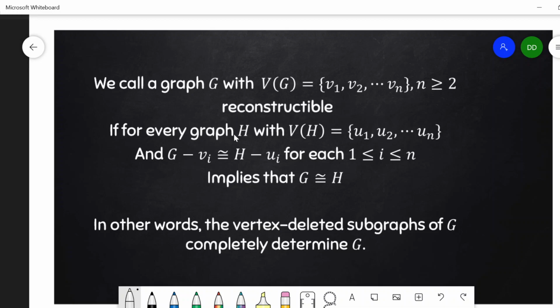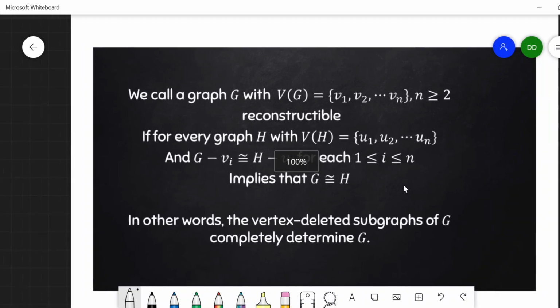So a little bit more specifically, we say a graph G is reconstructible if for every graph H with vertices V1 through Vn, having the property that all of its vertex-deleted subgraphs are isomorphic to G's vertex-deleted subgraphs for each i, that implies that G is isomorphic to H. This is what it means to be completely determined by your vertex-deleted subgraphs. So that's the question.